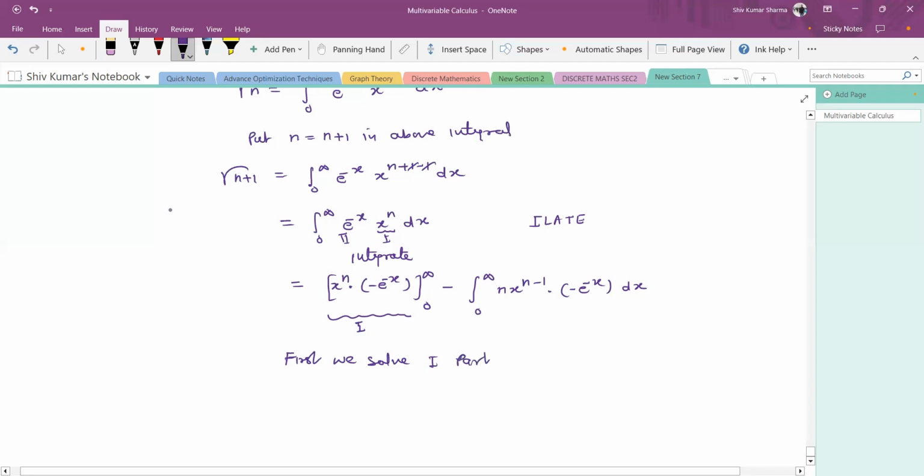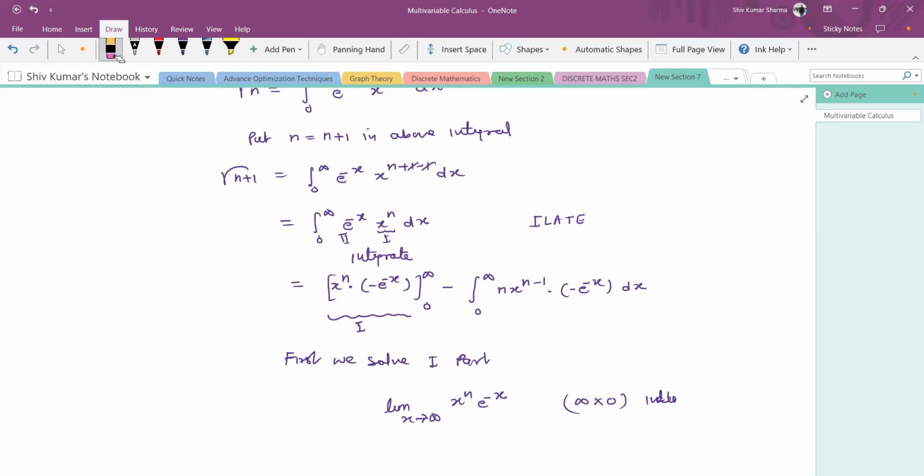Now here we can write this as limit x tends to infinity, x raised to the power n and e raised to the power minus x. Minus sign we can take common from outside. When we put x tends to infinity, infinity raised to the power something gives us infinity, into e raised to the power minus infinity, which is 0. So infinity into 0 gives us an indeterminate form.